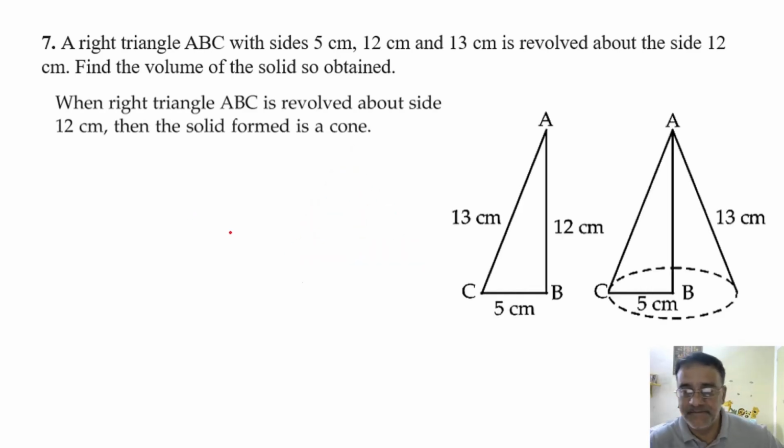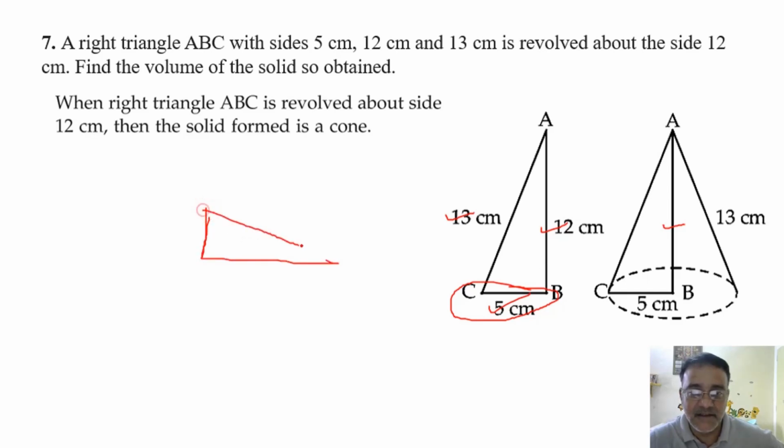See this figure. This will be the height of the cone and this will be the radius and this will be the slant height. So this can be revolved around 5, this BC, also. उस केस में क्या मिलेगा? Something like this figure you will get. This is BC.